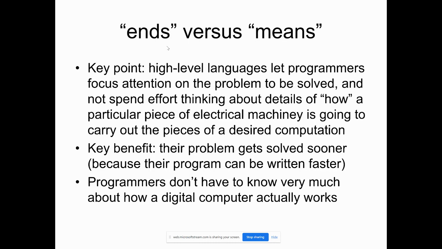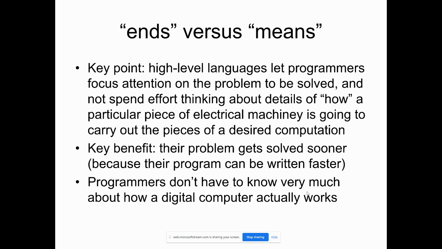Key point: high-level languages let programmers focus attention on the problem to be solved and not spend effort thinking about the details of how a particular piece of electrical machinery is going to carry out the desired computation. This is good sometimes because the problem gets solved sooner, and the program can be written faster.